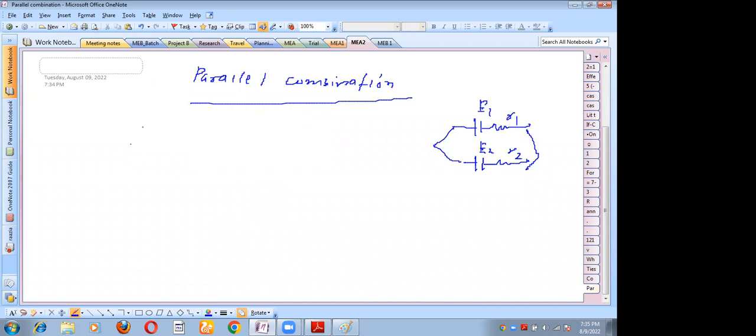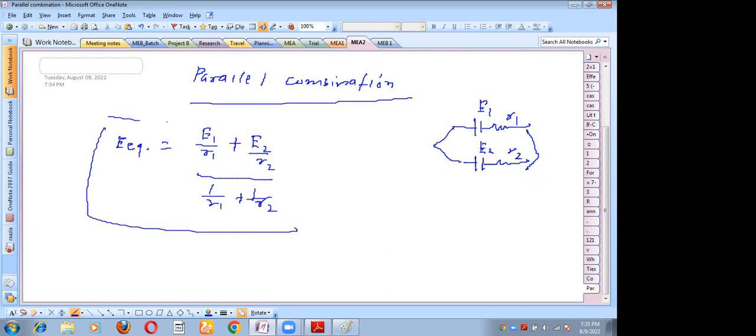So in that case, what happens? E equivalent is given by E1 by R1 plus E2 by R2 divided by 1 by R1 plus 1 by R2. This will extend for n number of cells.